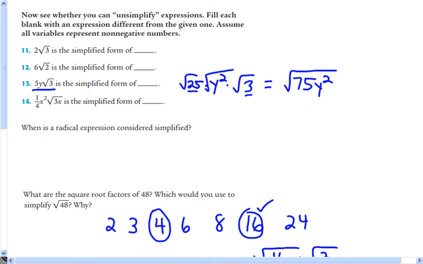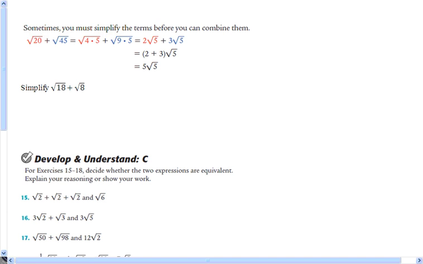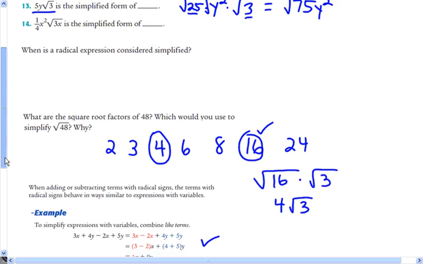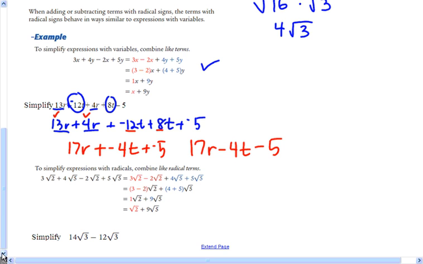But as long as we have like terms, then we can simplify by using the distributive property, and I'll show you what I mean by that here. If you look at this problem, you'll notice that this expression and this expression both have the square root of 2.